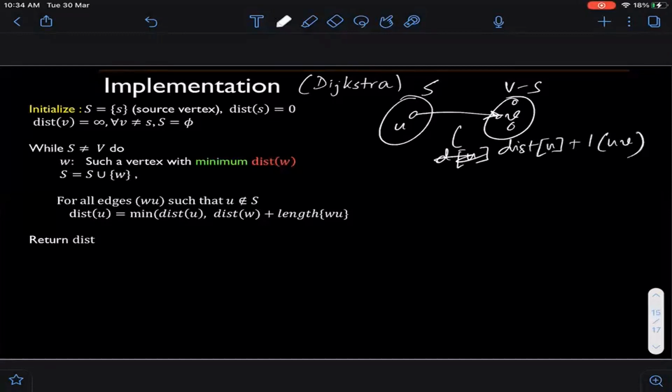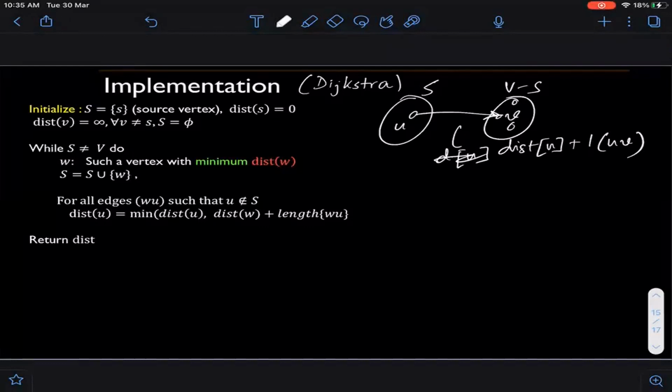Whichever among my edges gives me the minimum of this quantity, that's the edge that I choose to include, or in other words, the other endpoint of this edge is what I choose to include in my set S. And we continue in this fashion till every vertex becomes part of S, or there are no other edges to consider. They are both equivalent, assuming a connected graph and all that.